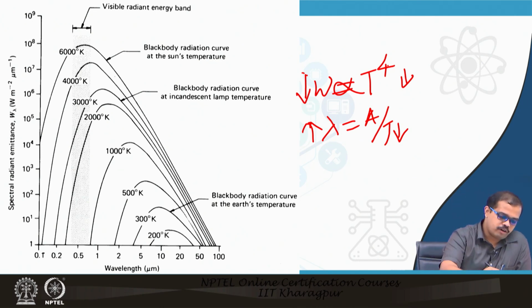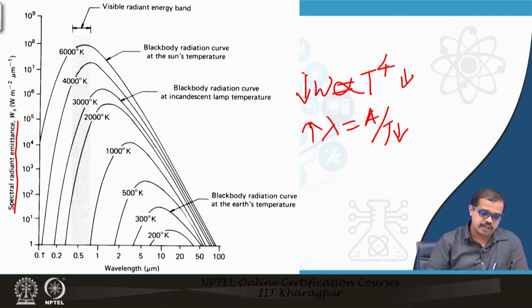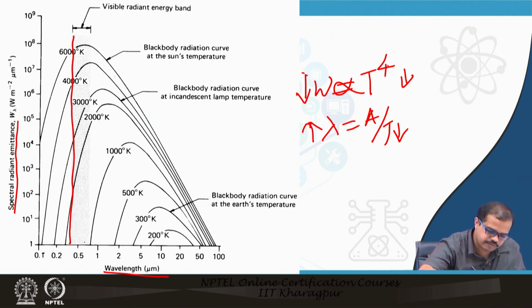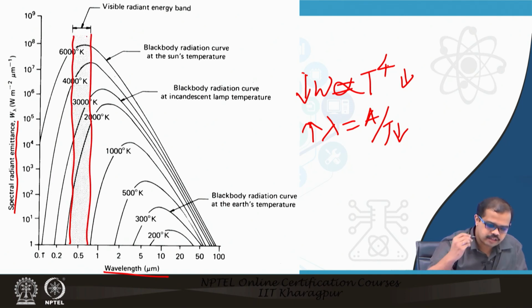Now I have plotted a curve of spectral radiant emittance versus the wavelength, and this is exactly where the visible wavelength is.